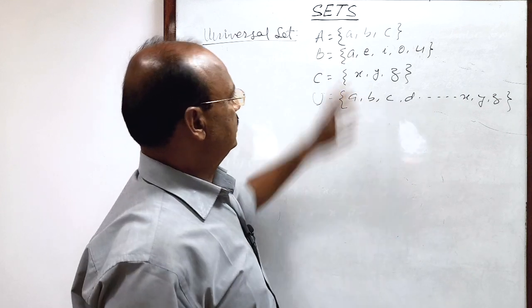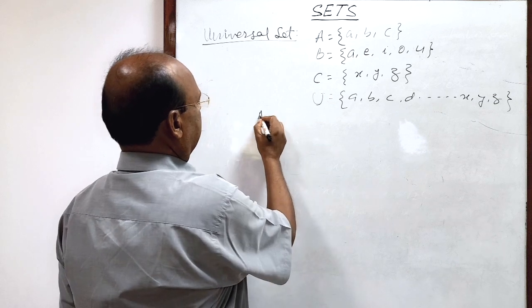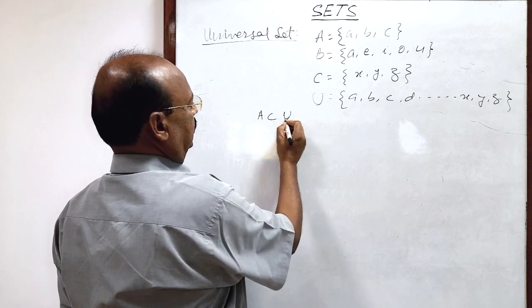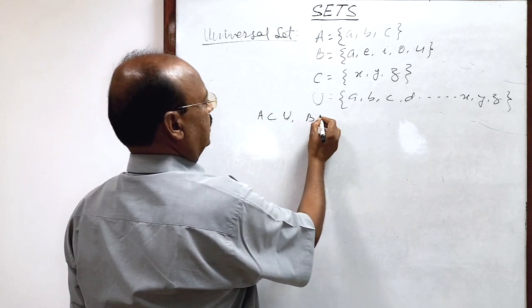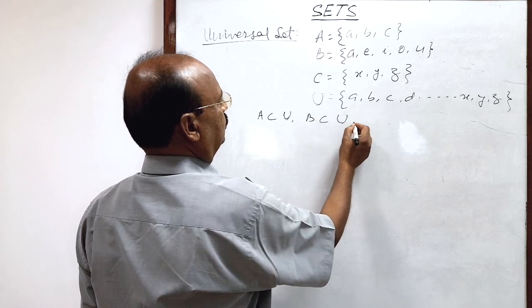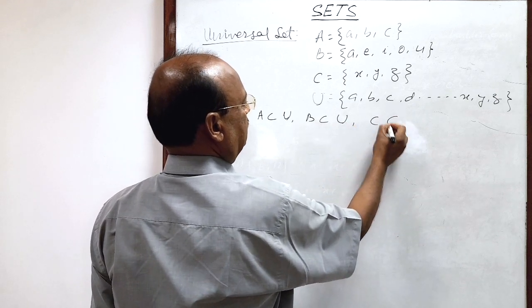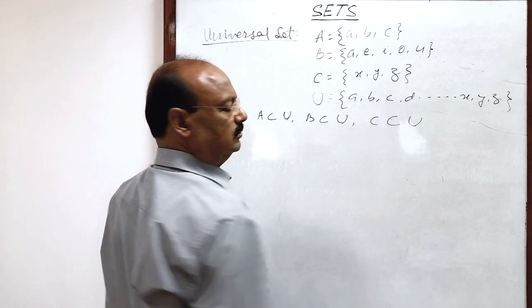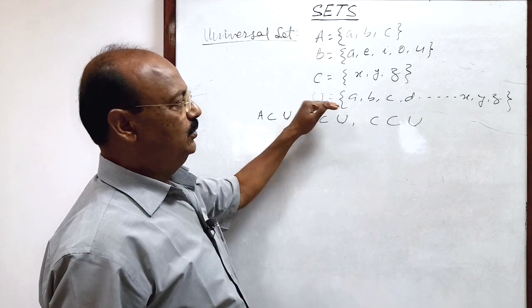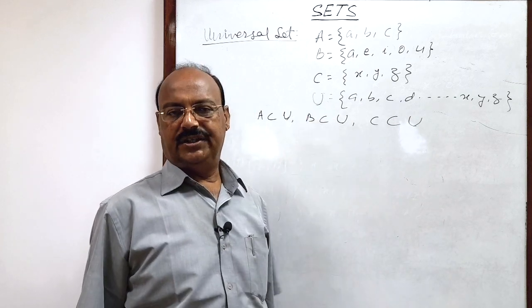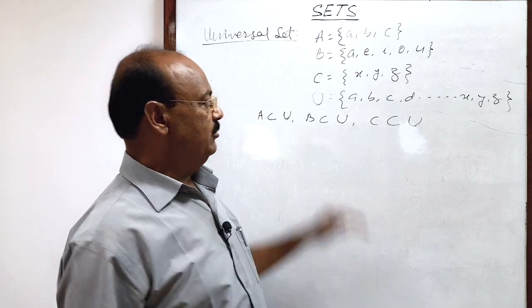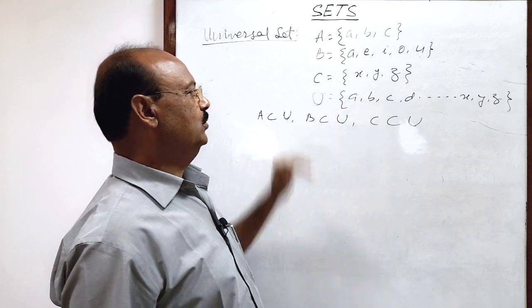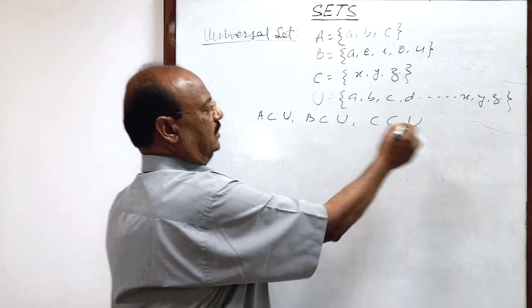So in this case you see here A is a subset of U, B is a subset of U, C is a subset of U. Here this U is called universal set. Sometimes universal set is denoted by U or it is denoted by X.